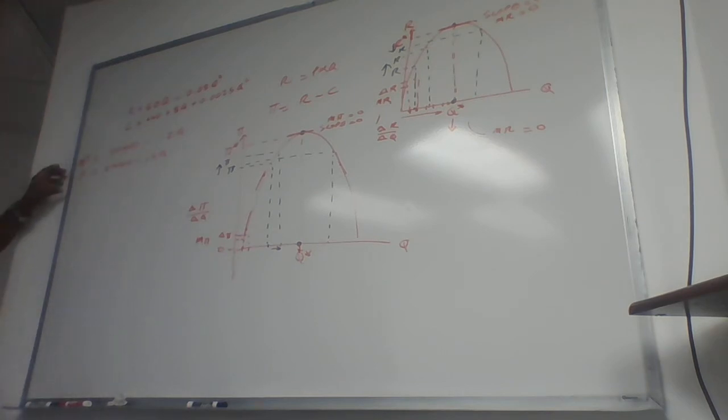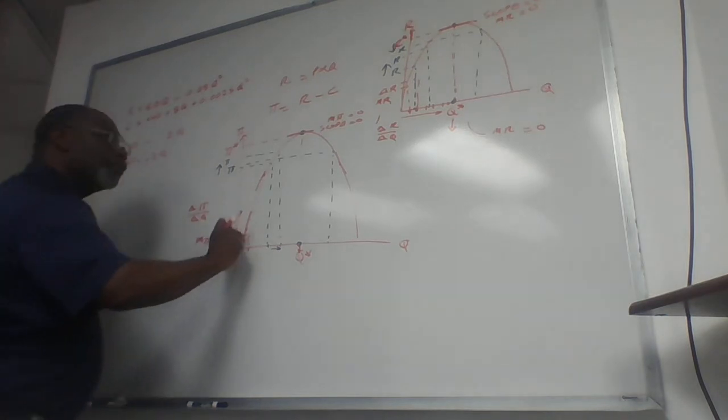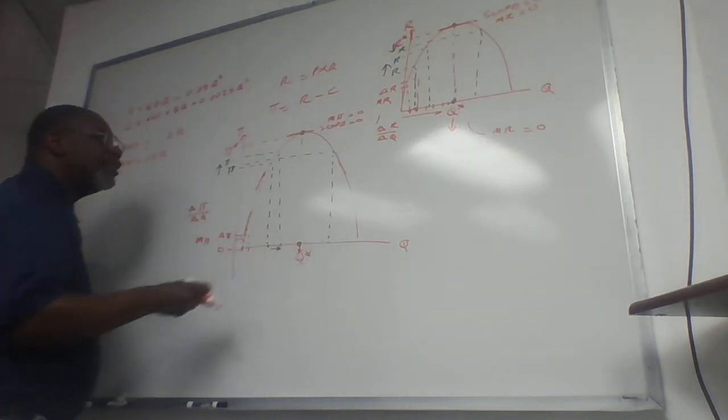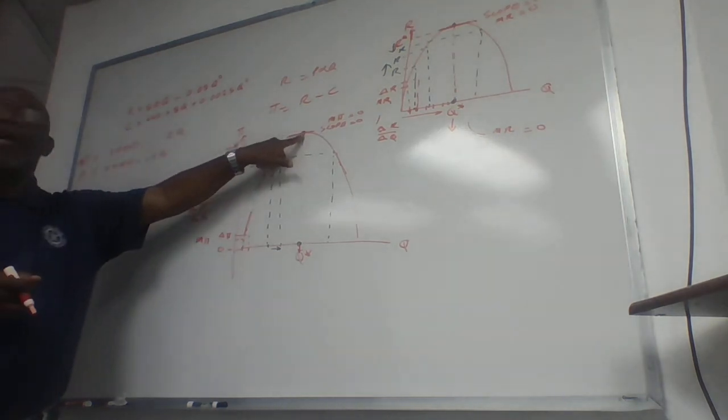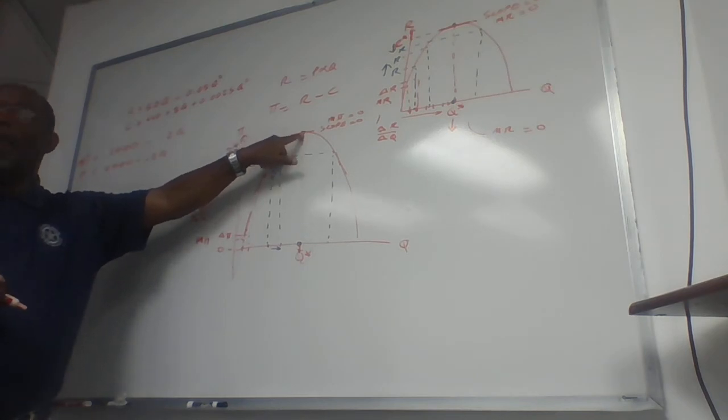Whatever our marginal profit, this marginal profit will apply along this whole length of the curve. At every point in this curve, the marginal profit will be different because the Q will be different. It's only at the very top of this curve that our marginal profit is equal to 0.